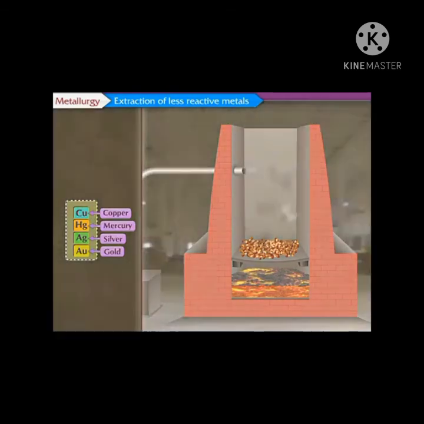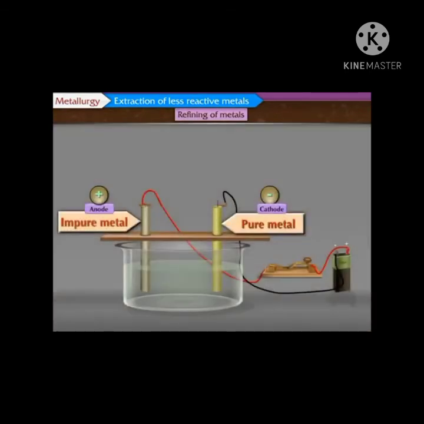Refining of metals. The most widely used method of refining metal is electrolytic refining. In this process, the impure metal is connected to the positive terminal of the battery and a thin strip of pure metal is connected to the negative terminal. The water soluble salt of the metal to be refined is taken as the electrolyte.